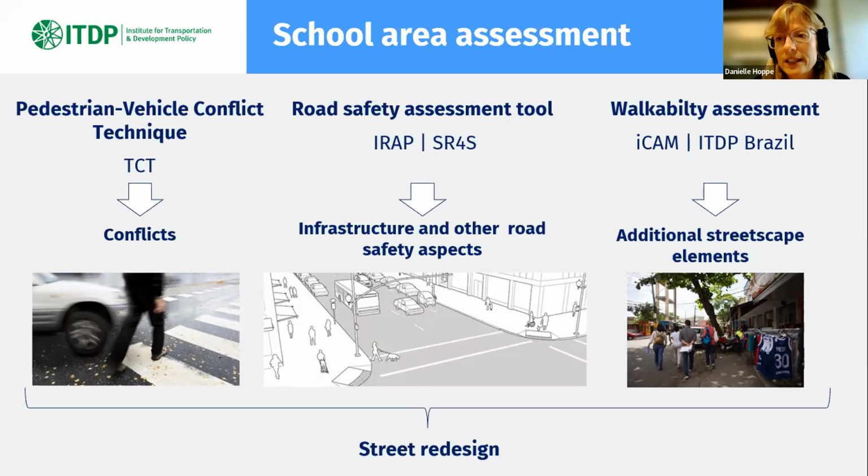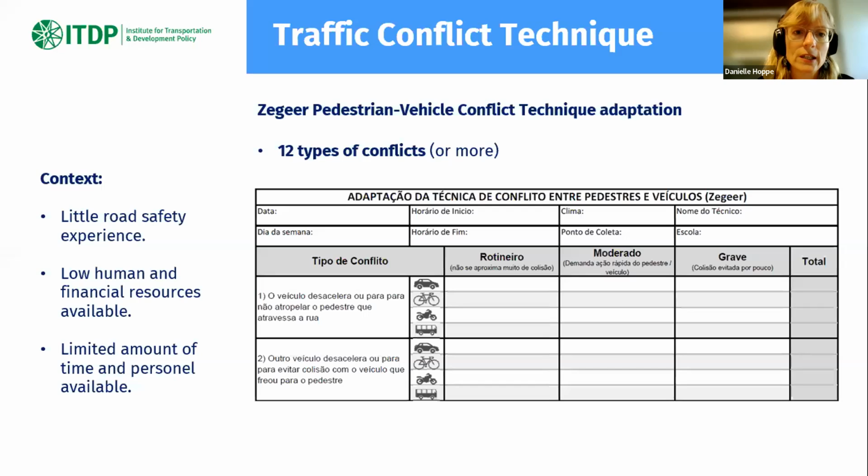And we also added some additional walkability measures from a walkability index we had here in Brazil, complementary public space observation. We adapted the Zagir form, we translated it first, and we also added the type of vehicle, so they could evaluate that.